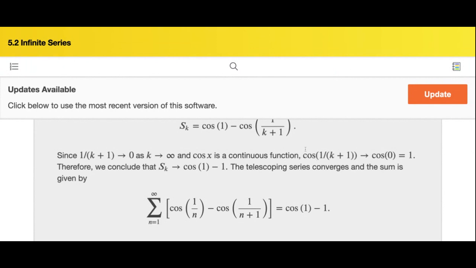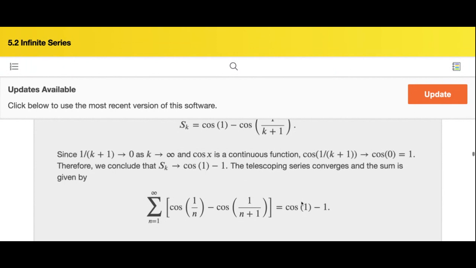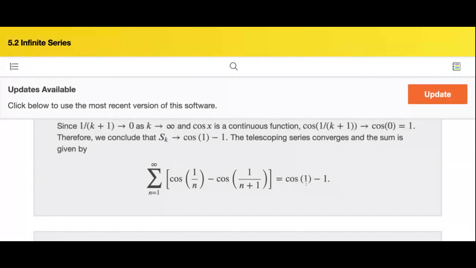So we could do cosine of the limit of 1 over k plus 1. The limit of 1 over k plus 1 as k approaches infinity is 0. So cosine 0 equals 1. Therefore, we can conclude that Sk approaches cosine 1 minus 1. So the telescoping series converges, and the sum is given by cosine 1 minus 1.